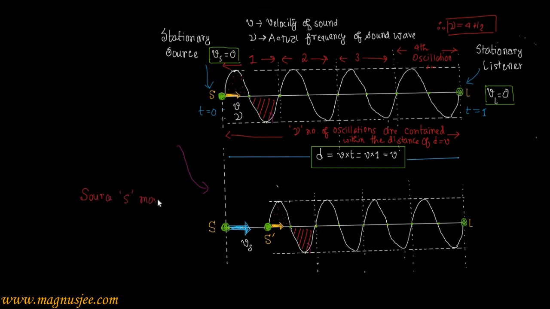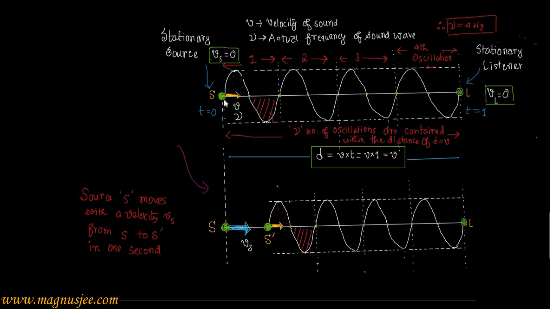Here the source S moves with a velocity vs from S to S prime in an interval of time of 1 second towards the stationary listener.